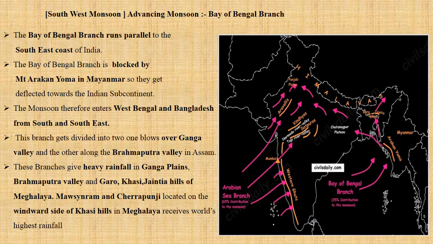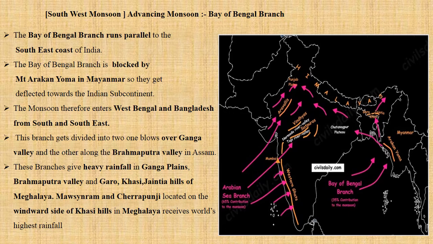While traveling from east, that is from West Bengal, to the northwest part of our country, this branch blows over the northern Indo-Gangetic plains. The rainfall will reduce as the branch moves from east to northwest part of our country.